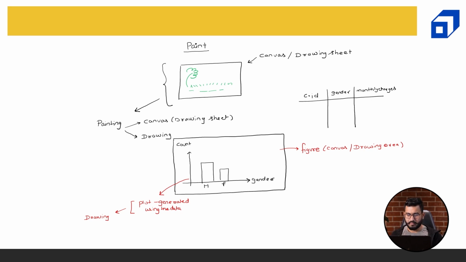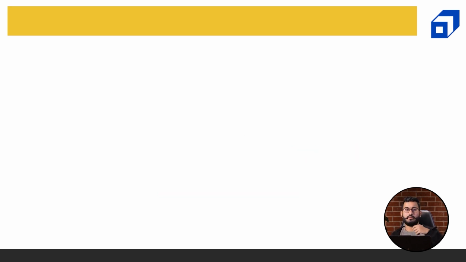Now let's come to the topic of what is the requirement of the two libraries. We have Matplotlib and we have Seaborn. So if I have to perform data analysis, we have the library Pandas. If I have to perform scientific calculations or scientific analysis, we have the library NumPy.